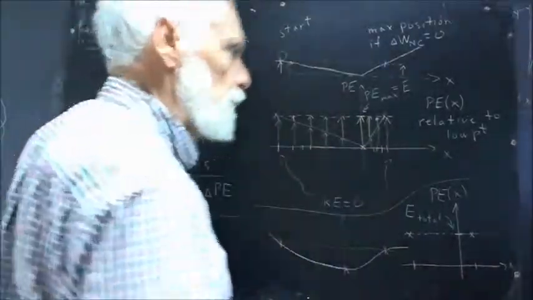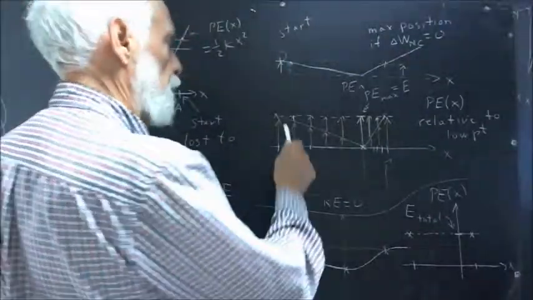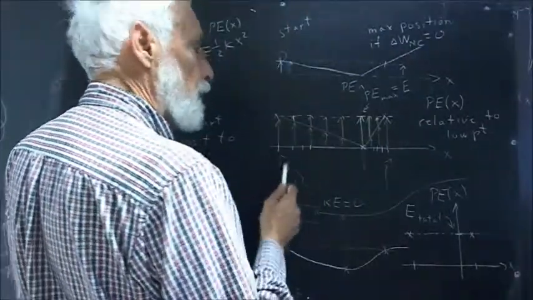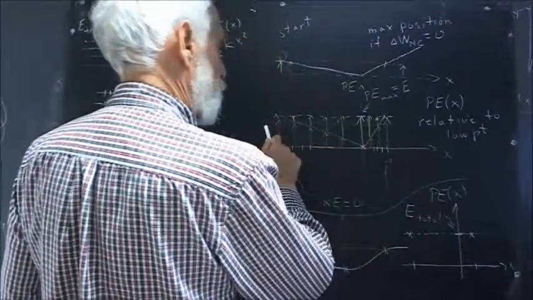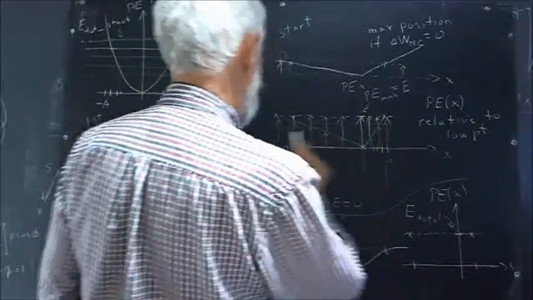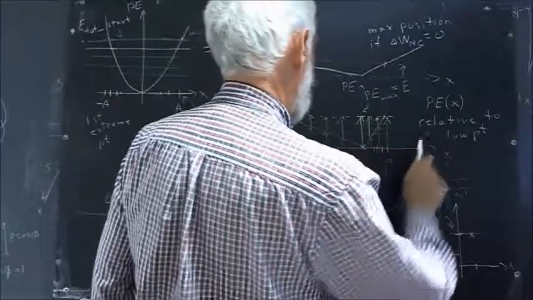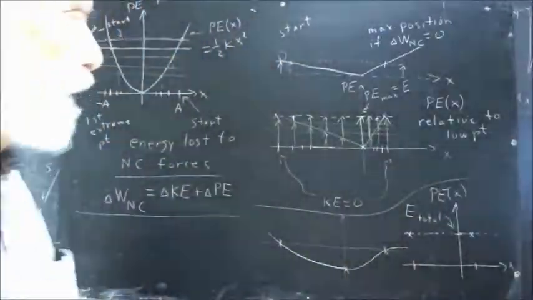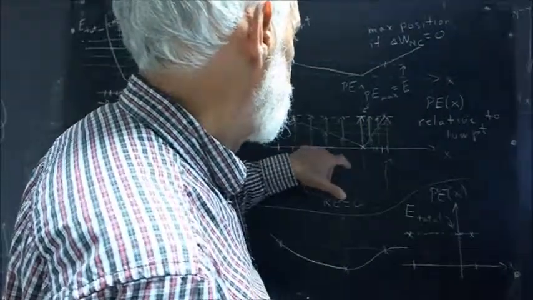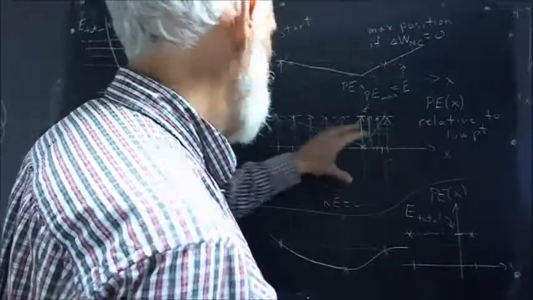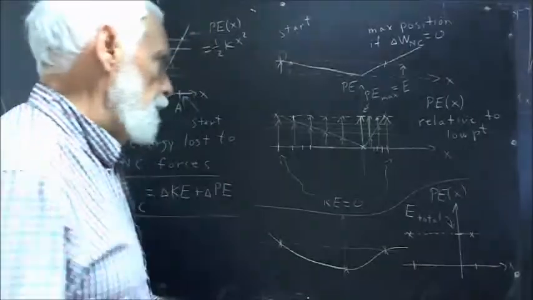Okay? So what's happening is that the total energy is progressively being lost. Okay, so maybe we lose to here, maybe to here, maybe to here. Now these represent maybe the total energies at some of the points that I've marked.